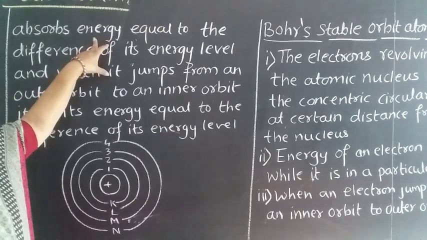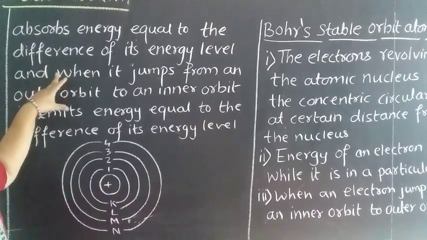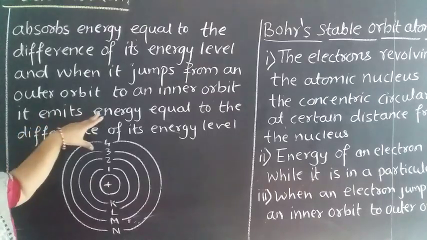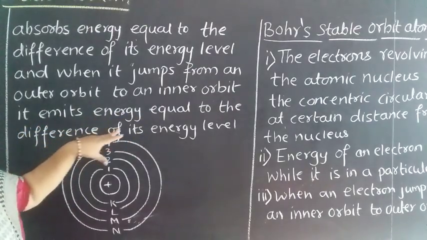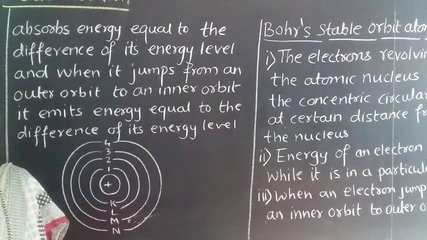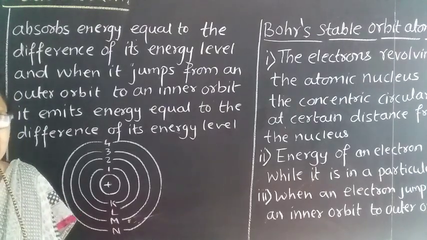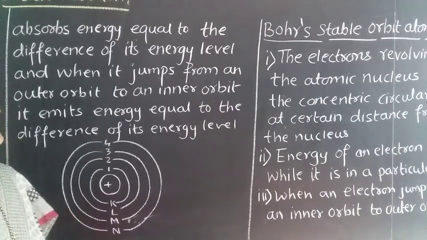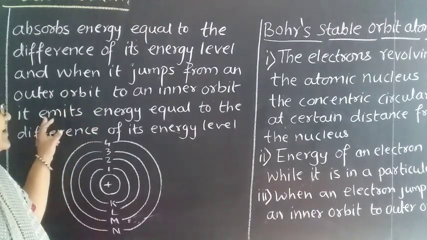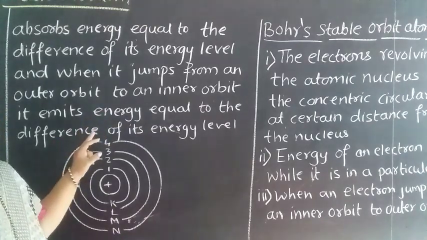The energy absorbed is equal to the difference of the energy levels, and when it jumps from an outer orbit to an inner orbit, it emits energy which is equal to the difference of its energy levels. That means electrons always jump from one orbit to another, and whenever they jump to an outer orbit they absorb energy, and when it jumps from an outer orbit to an inner orbit, it emits the energy which is equal to the difference of the energy levels.